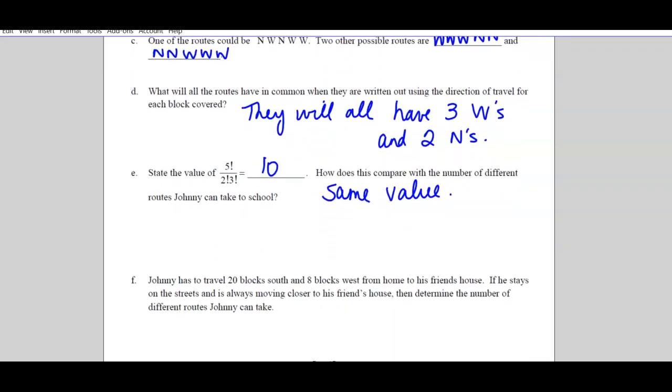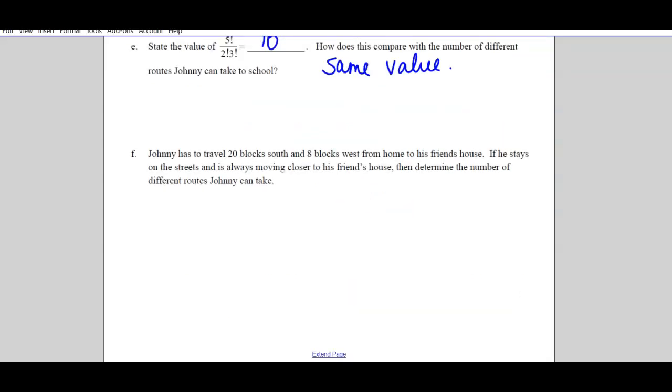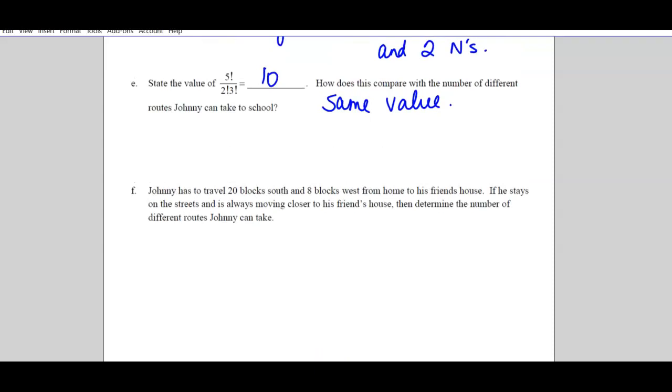Why is that? Okay, so taking a look at this next one here, it says Johnny travels 20 blocks south and 8 blocks west. So 20 blocks and 8 blocks west. If he stays on the street and always moving closer to his friend's house, so you can draw a rectangle like that, determine the number of different routes.